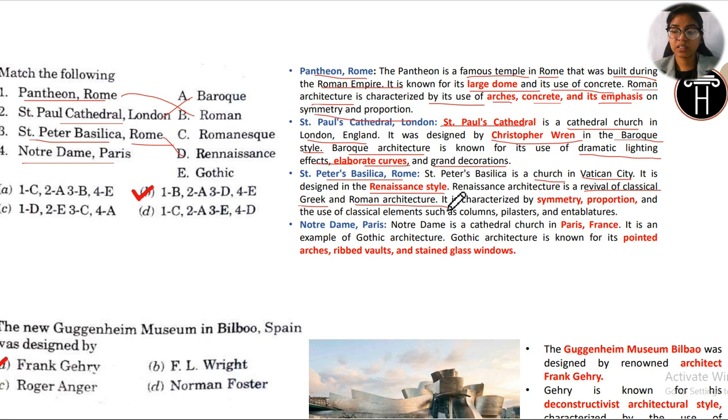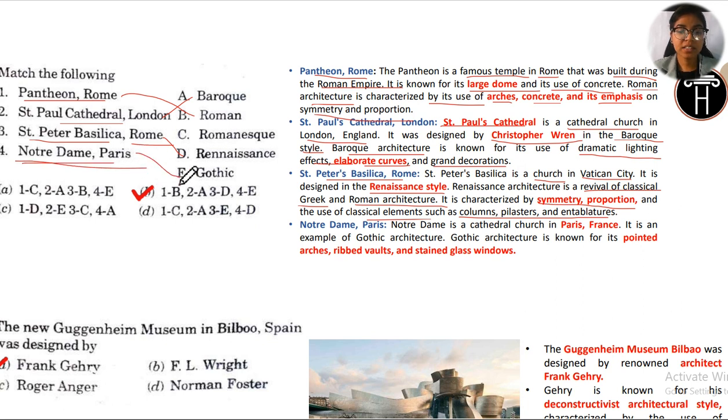Some features of it are symmetry, proportion, and the use of elements like columns, pilasters, and entablature. They used columns, pilasters, and entablature as design principles in the Renaissance style. Point number 4 is Notre Dame, Paris.